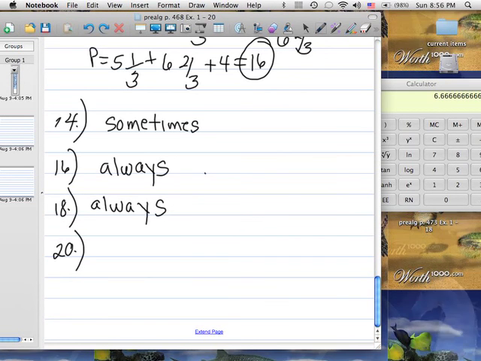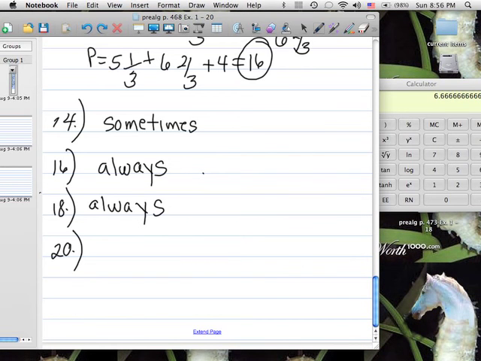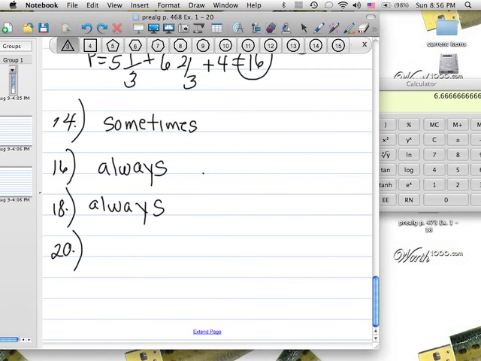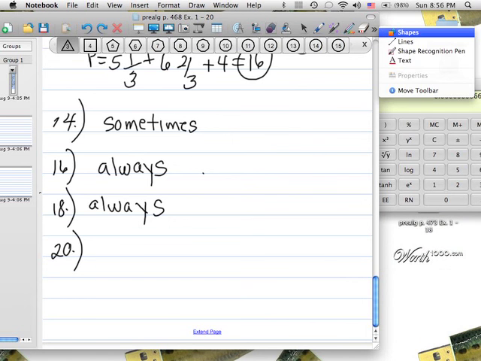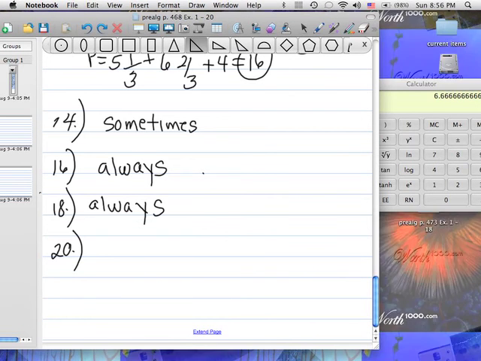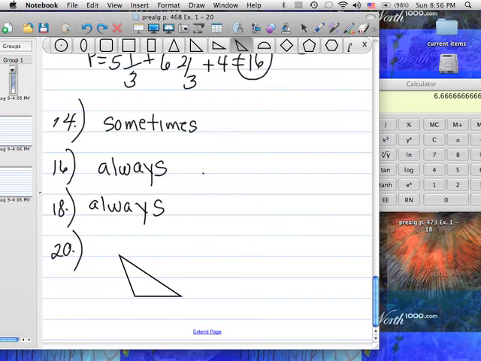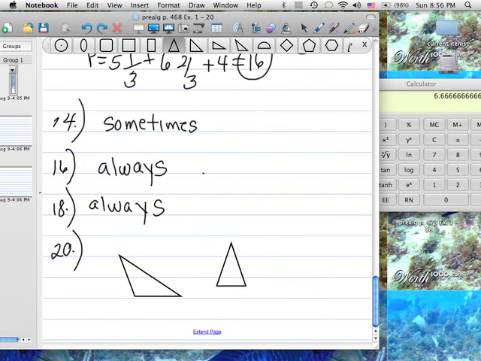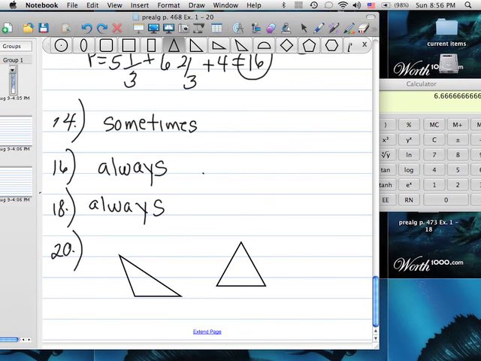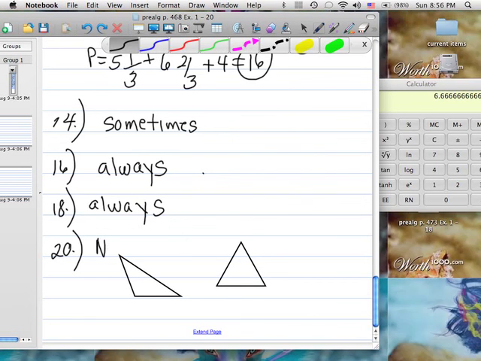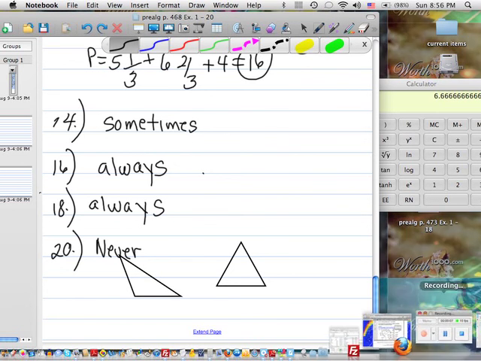Well, an obtuse triangle looks like this, and an equilateral triangle would be this. And the angles of an equilateral triangle are always 60, where an obtuse has one greater than 90. So the answer would be never. That concludes the evens. Be sure to check the back of the book for the answers to the odds.